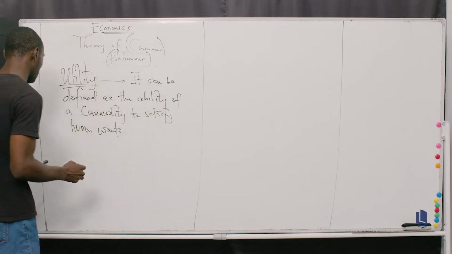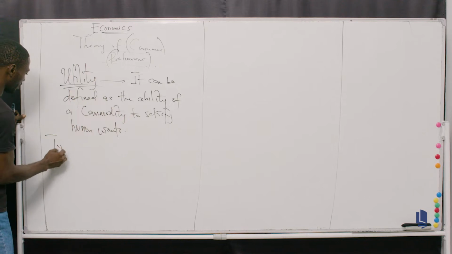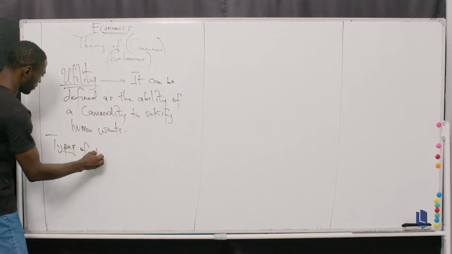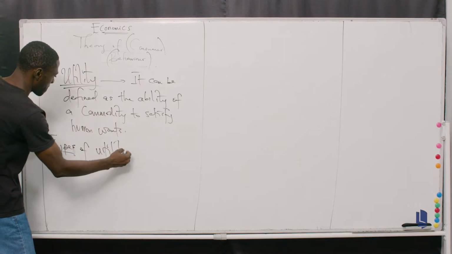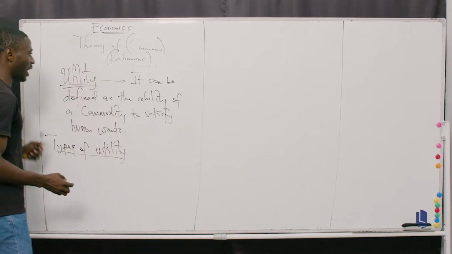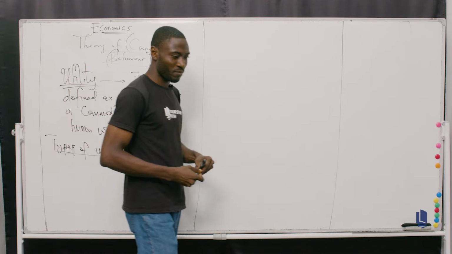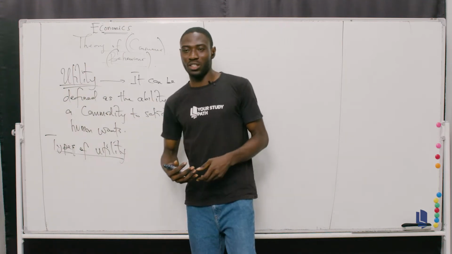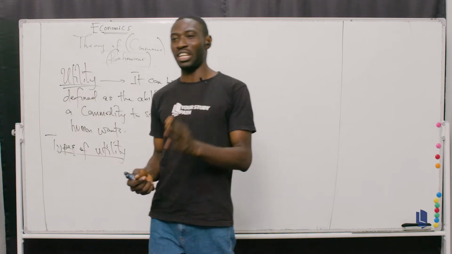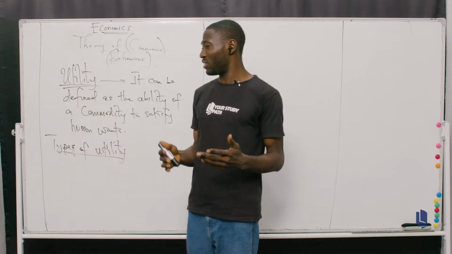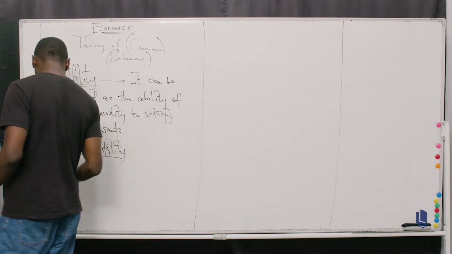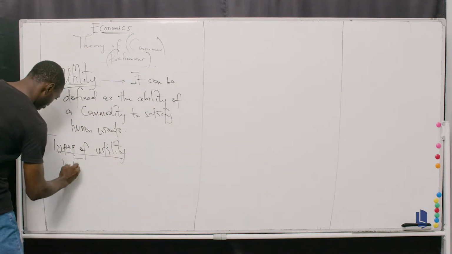Now, let's move on to types of utility. When we say types of utility, a layman will think of it as types of satisfaction. Yes, we have different types of utility. Number one, we have form utility.